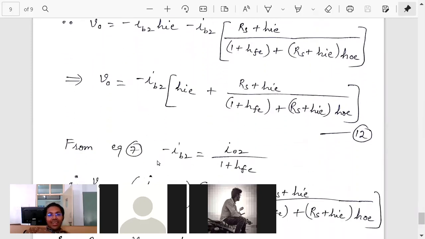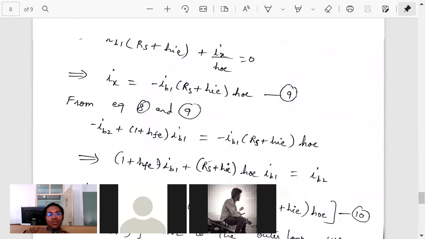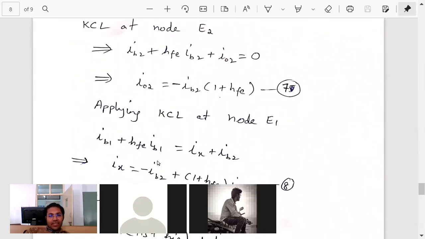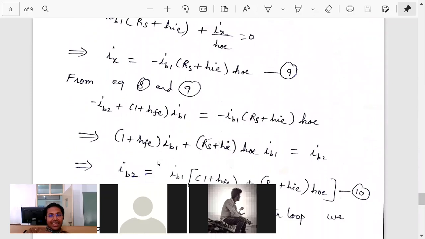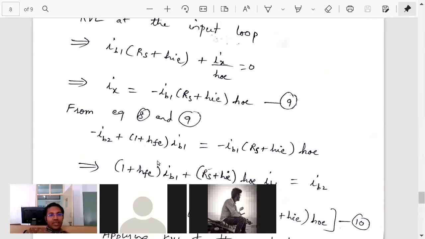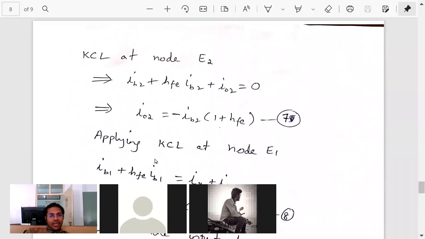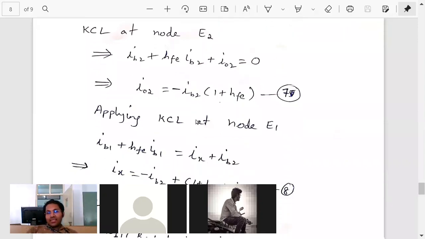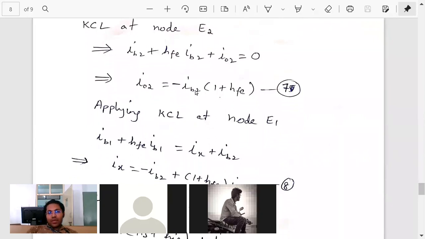Now already IB2 and I02 relation, IB2 and I02 relation we got from equation 7. You remember, first we applied KCL at the output node, we got this relation. So I0 in terms of IB2.